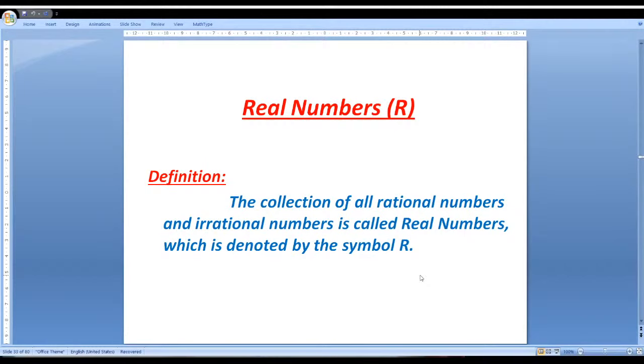Then the definition of real numbers: the collection of all rational numbers and irrational numbers is called real numbers, which is denoted by R. So all numbers, rational, irrational, fractional, negative, positive integers, zero, whole numbers, all are real numbers.